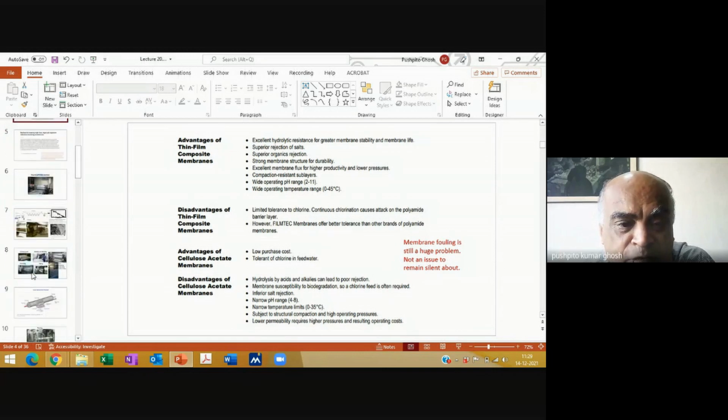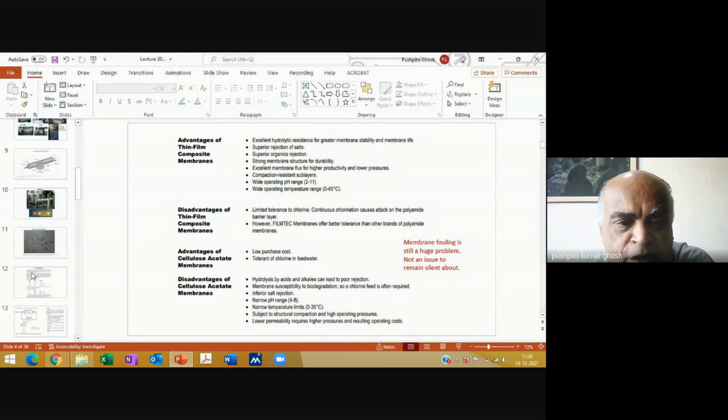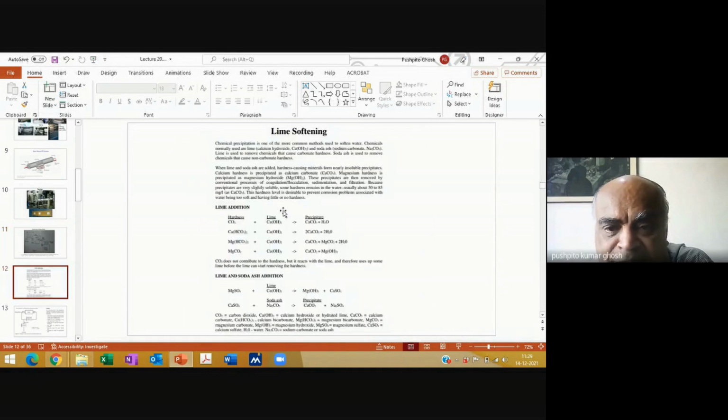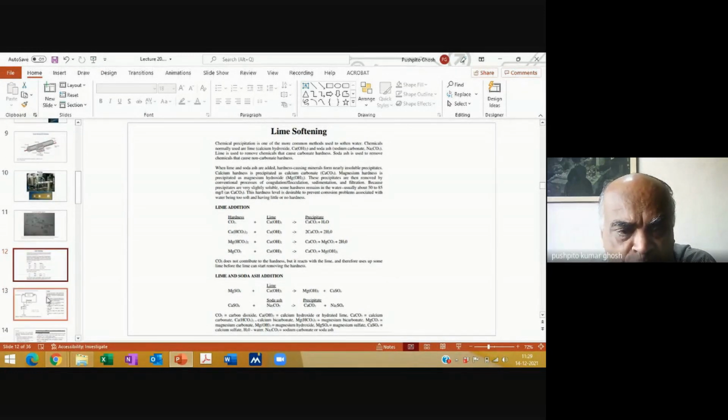It's a very, very important area of research. So after that, you have got your water, and these are, by the way, the typical precipitation processes that occur when you add lime and soda and things like that. This is school chemistry, so you'll have no problem understanding it.